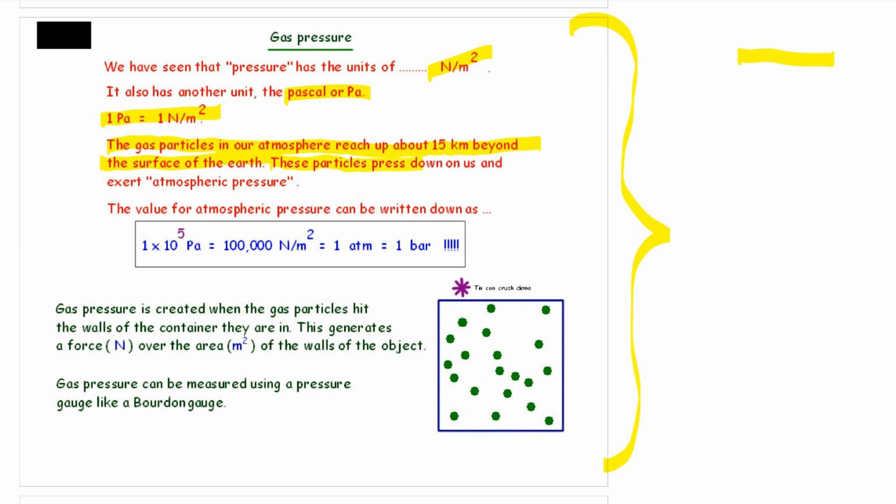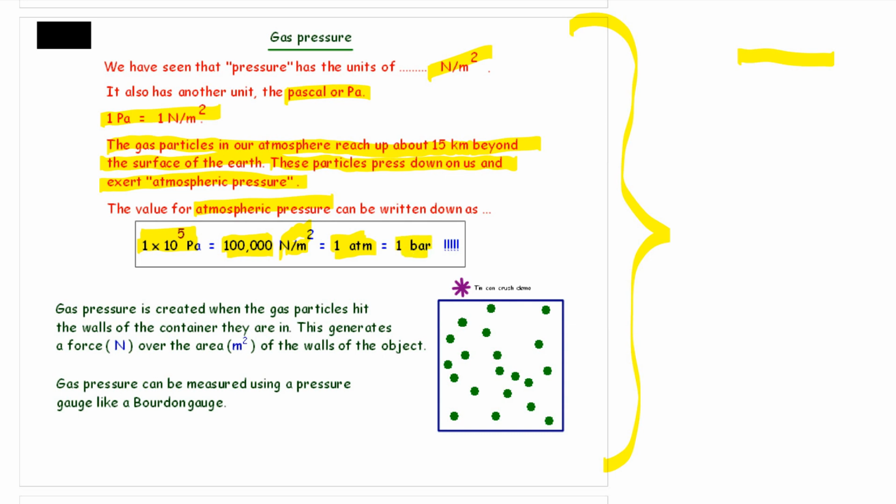And these particles press down on us and exert atmospheric pressure. Atmospheric pressure is 1 times 10 to the 5 pascals, or another way of writing that is 100,000 newtons per meter squared. That is 1 atmosphere, or 1 bar.